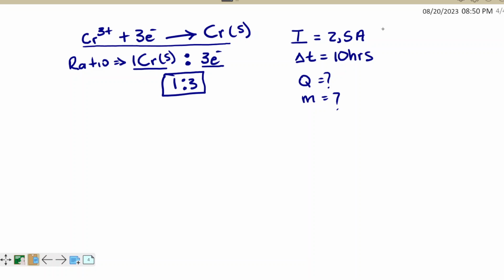Now this is what they gave us: the current flowing through is 2.5 amps for 10 hours. But you need to know that the time must always be in seconds. So how many seconds are in 10 hours? We know that there are 60 minutes in 1 hour, and there are 60 seconds in 1 minute.